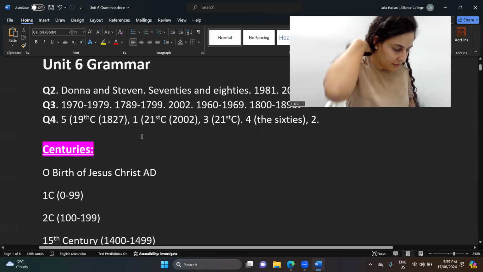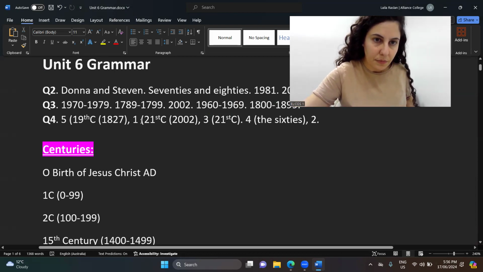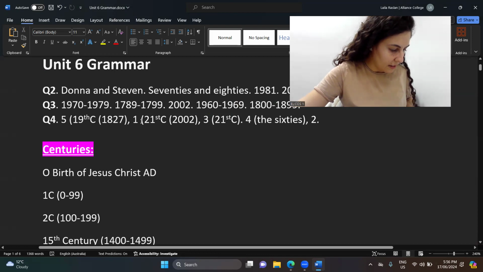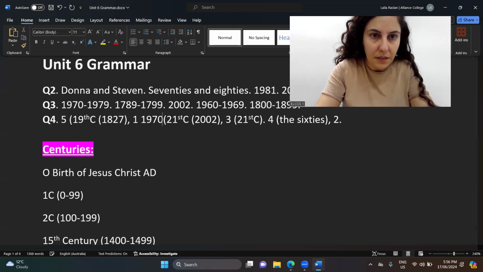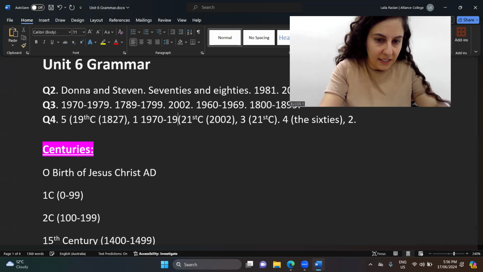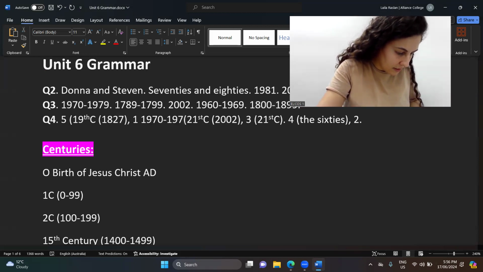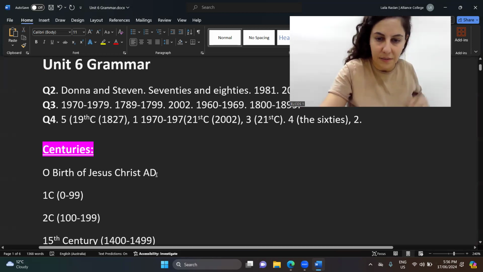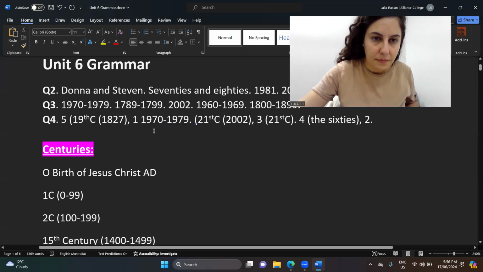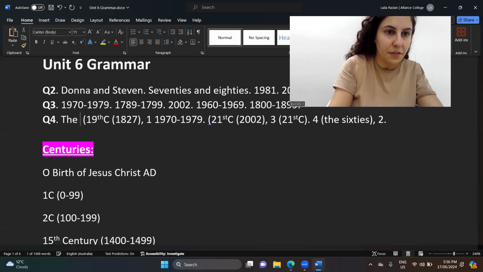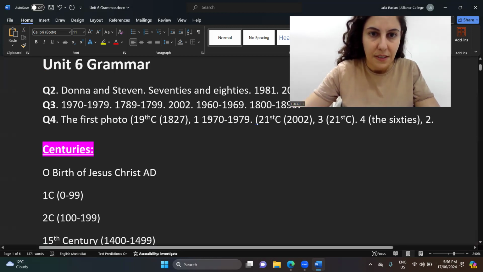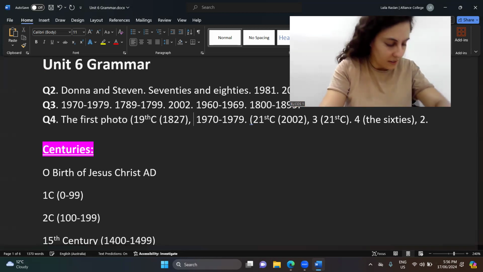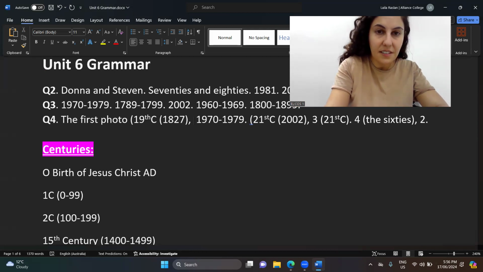So the 1970s would be 1970 to 1979. Okay, so this was, I'll make it easier, the first photo. This one was the euro currency.